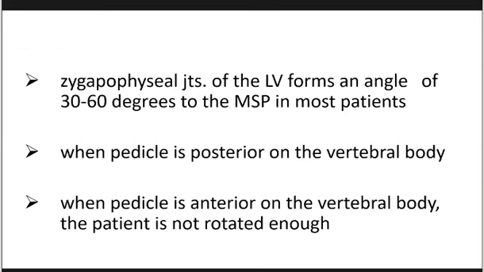Pero kung ang pedicle ay makikita natin sa AP oblique ng lumbar, the pedicle is located anterior to the vertebral body, in other words, the patient is not rotated enough. Hindi nakarotate ng tama. So for the demonstration of zygapophyseal joints of the lumbar vertebrae, I repeat, the body should be rotated between 30 to 60 degrees body rotation.